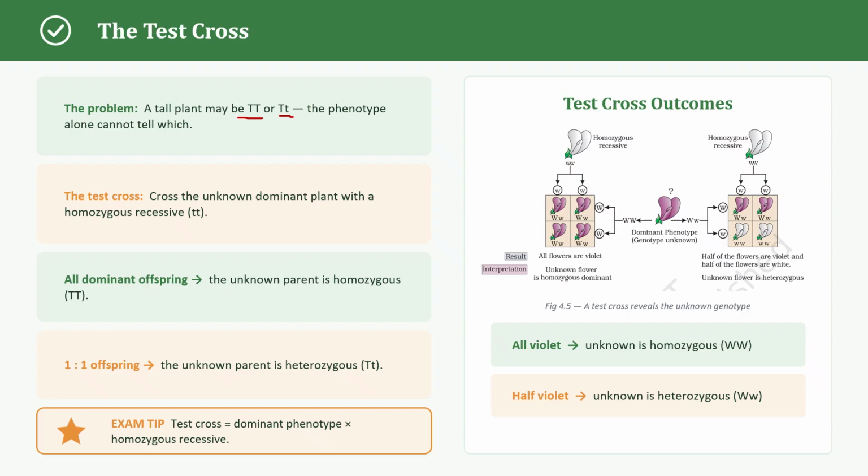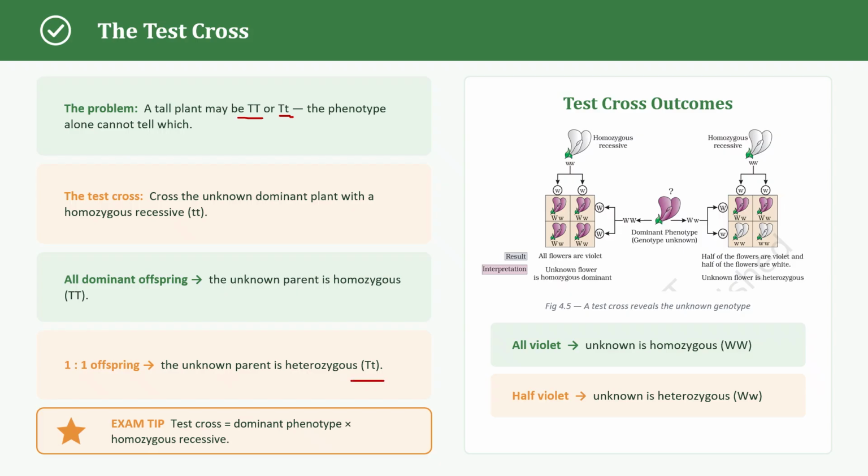And this is called a test cross. Yes, and he found if all the offspring were dominant, the unknown plant is capital T, capital T. If offspring appear in a one tall, one dwarf ratio, the unknown plant is capital T, small t.